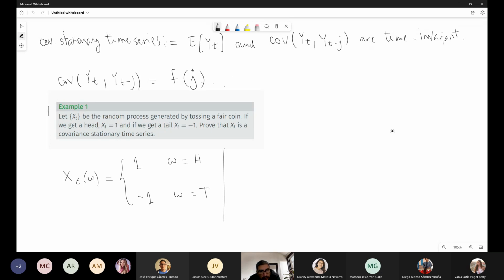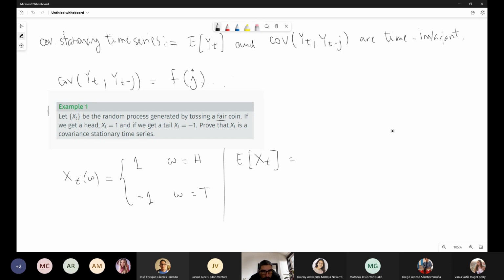To prove that xt is a covariance stationary time series, we need to compute the mean and the covariance, okay? Let's try to compute the mean. What is the mean of xt? How would you compute the mean of xt?